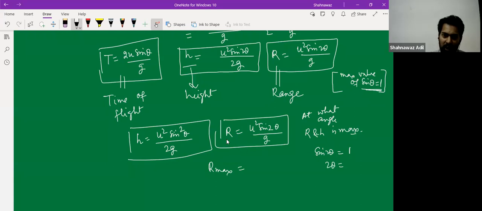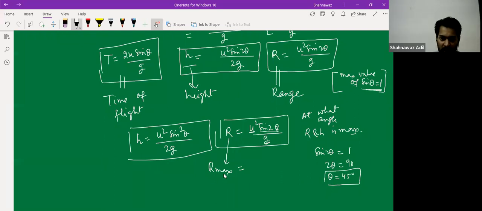Okay. So you want to calculate R max. So for R max, U is fixed, right? G is fixed, and it depends upon theta, right? So your sine 2 theta is maximum at 1. So 2 theta is what? 90, right? So theta should be 45 degrees. Okay.